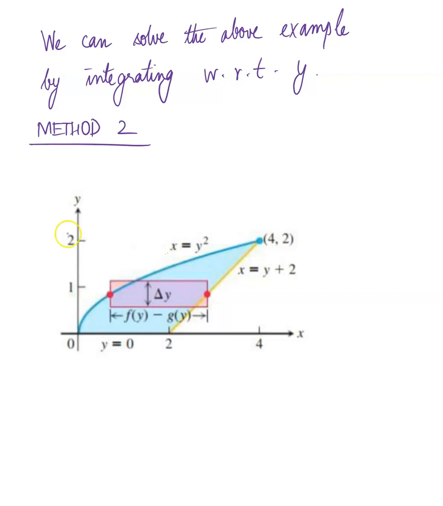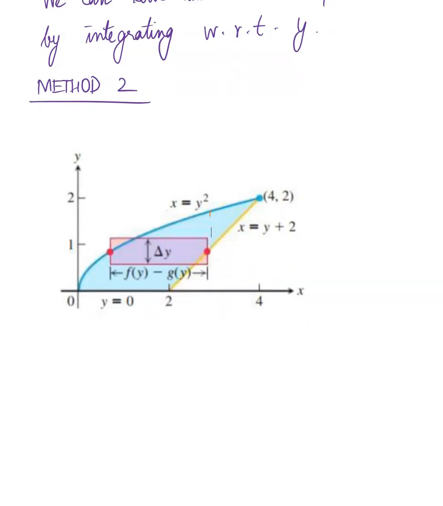But when you're doing it with respect to y, your rectangles are sliced this way, right? So your rectangles are horizontally sliced, and so this is one slice of a rectangle, an enlarged version. So you can see the width and the length, right? All right, so we have this, and let's see how we can solve this.